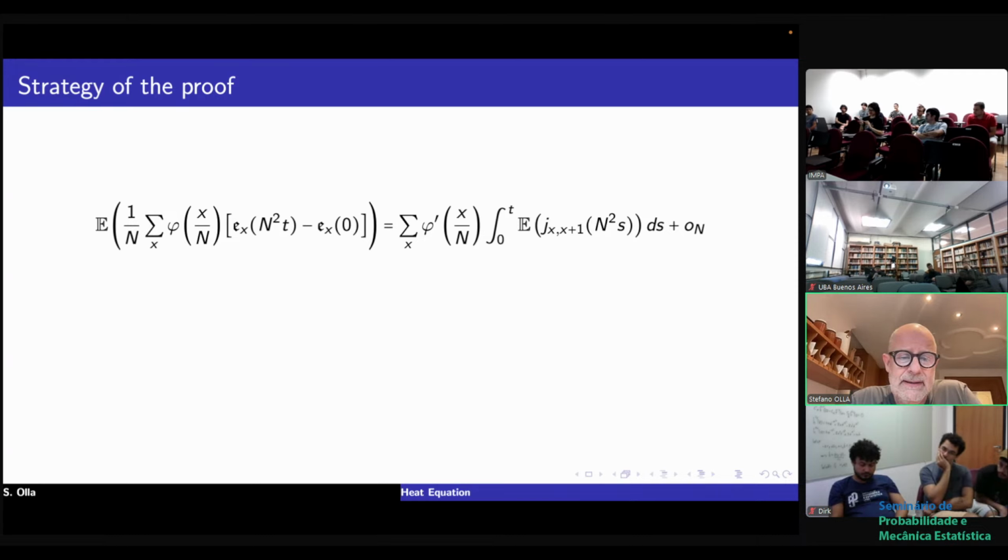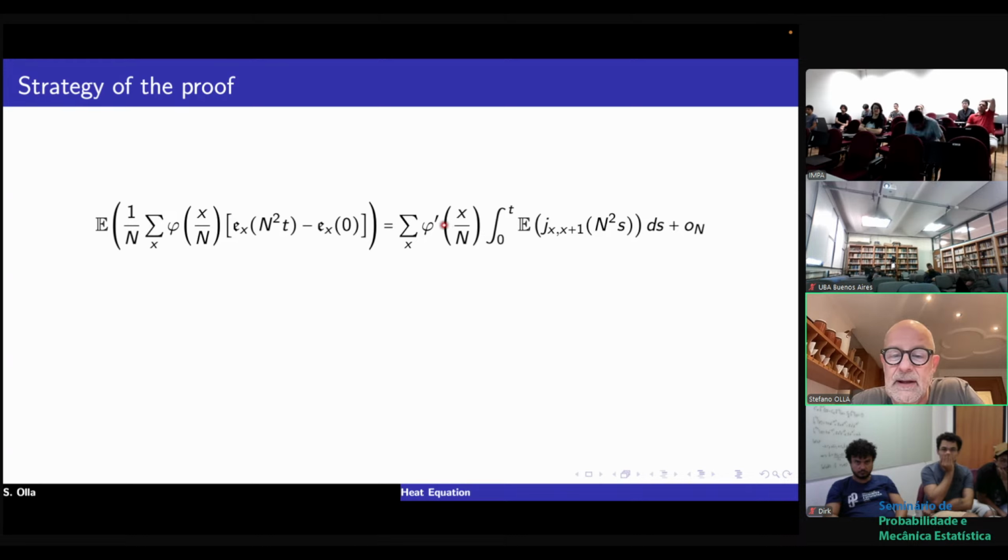We look at the time evolution of the energy in the diffusive time scale. So we compare the empirical distribution at time n squared t to the one that I had at time 0. And then I compute the time derivative. I know that E of x is conserved, so in the time derivative, there is the discrete gradient.